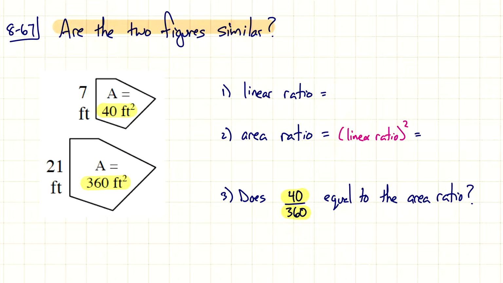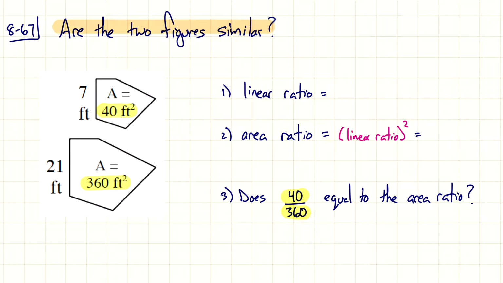Well, let's start with the basics. We have some side information according to the picture. We have some side information from both shapes. And it looks like the area was given for both of these. So I have sides on both and areas on both. That tells me I have enough for linear ratio and area ratio.